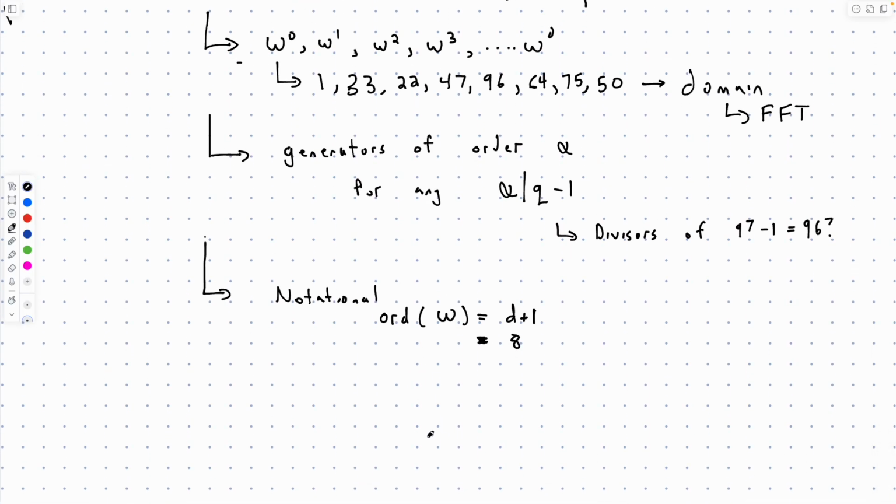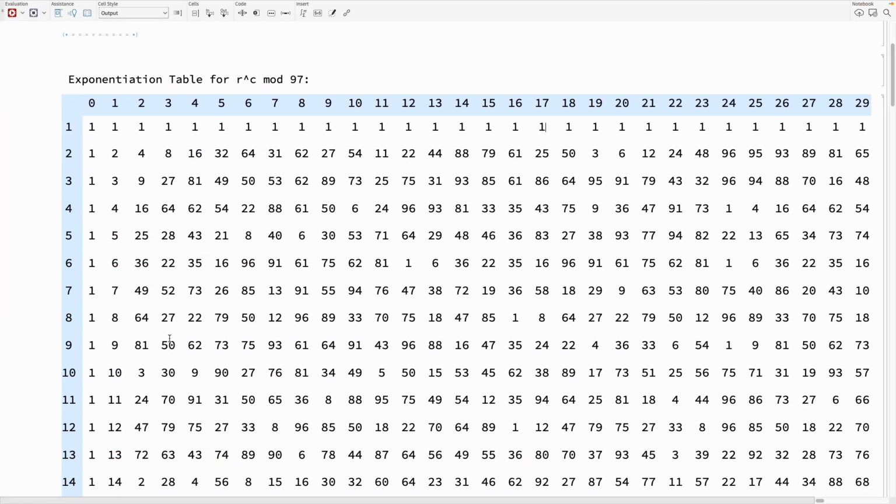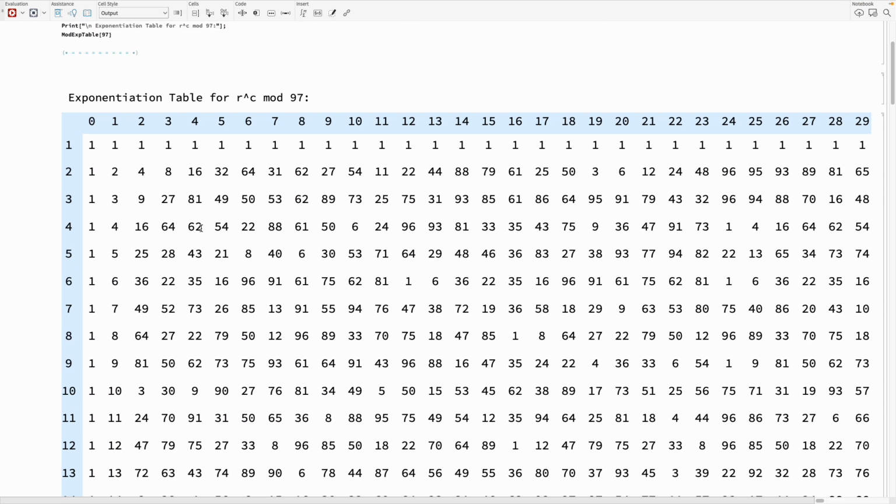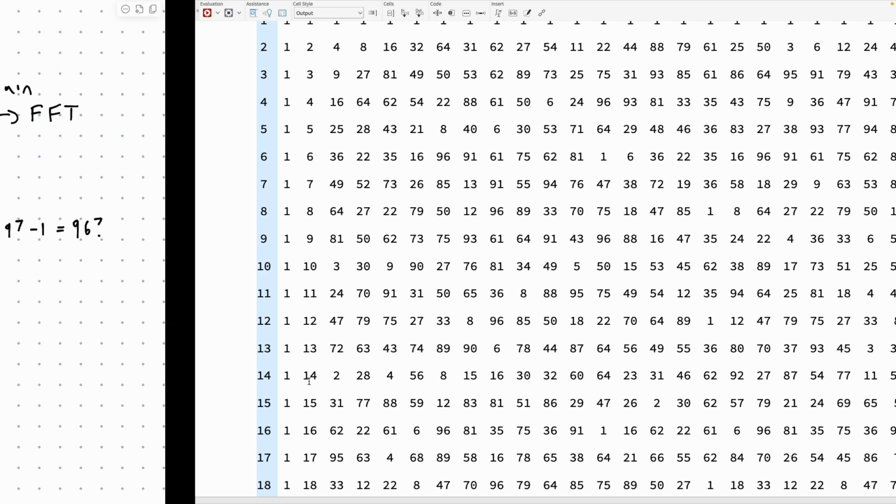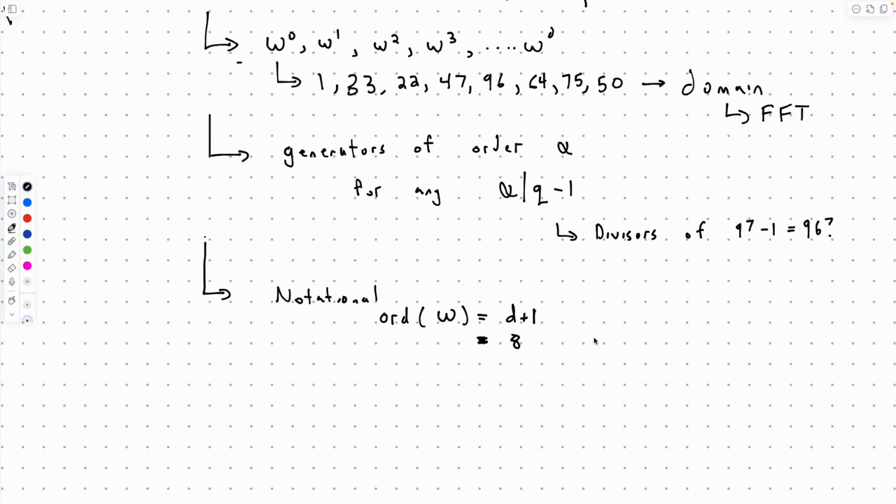Okay, what's another way of saying the order of omega equals 8? Well, another way of saying it is omega to the power of 8 equals what? Equals 1, right? Because we had a 1 in the 8th column. Okay, so an implication of this is that omega to the 8 equals 1.